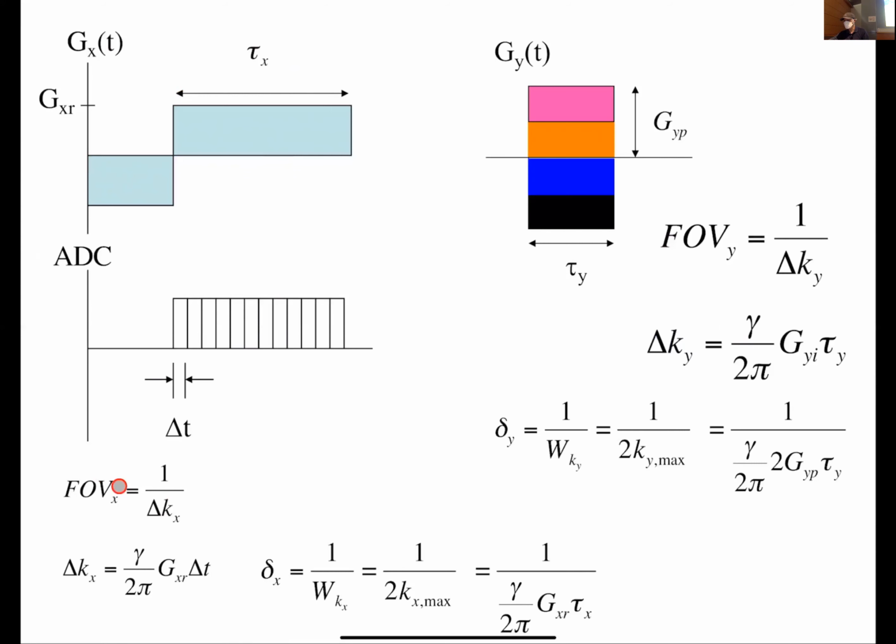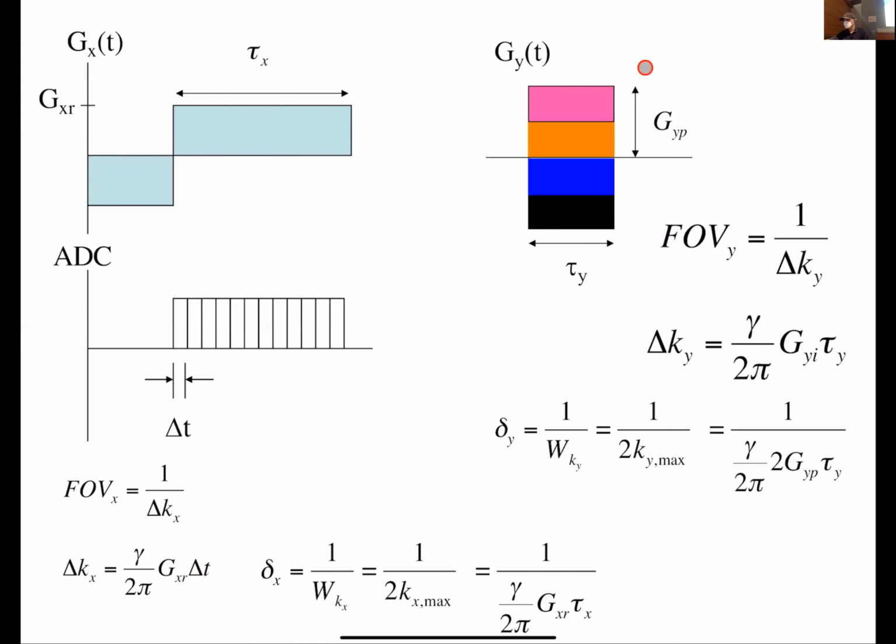Once we have delta kx, we can solve for either GXR or delta t. Similarly, if we have delta x, we can solve for GXR and tau sub x. But we already know GXR from here, and tau sub x is typically just the number of readout samples times delta t. So in many cases, this calculation is redundant and more of a sanity check.